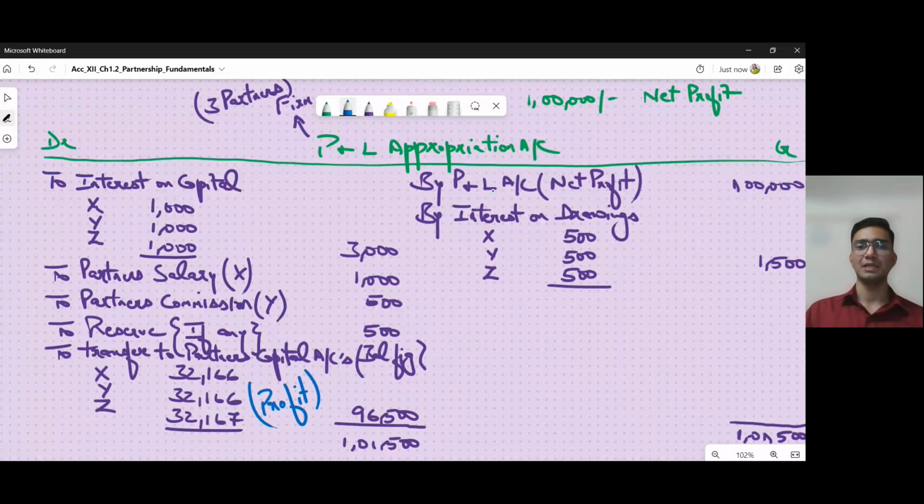This shows our P&L appropriation account. So why is the P&L appropriation account made? It's to transfer the net profit to the partners' capital account. So you see this last balancing figure which we have got over here. This is the reason why we make a P&L appropriation account.